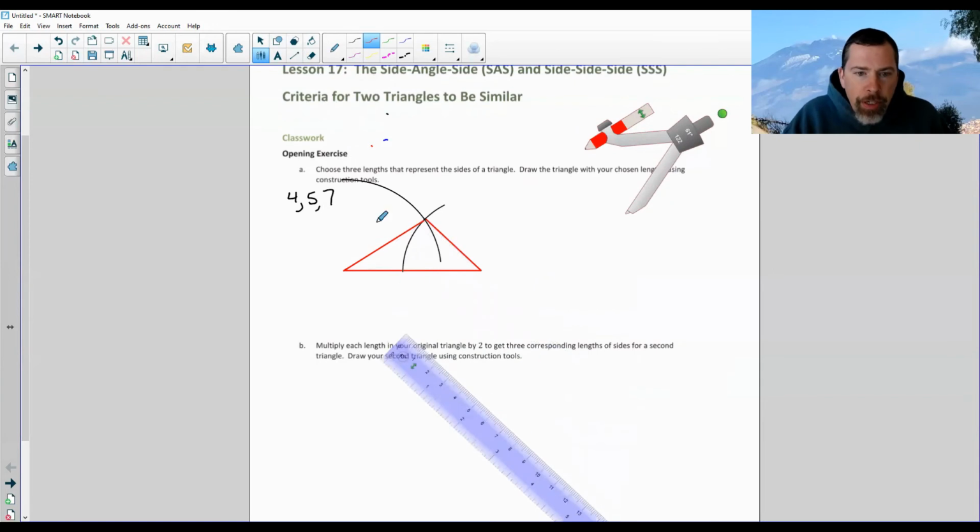Okay, so there's a triangle with side lengths 4, 5, and 7. This is 7, this is 4, and this is 5. So there we have part A.